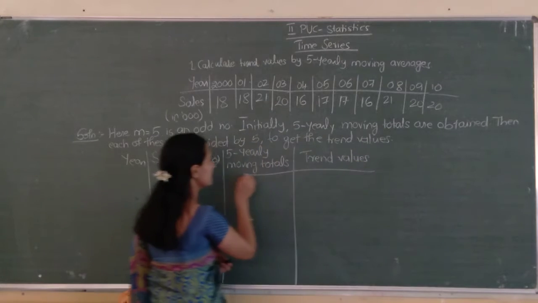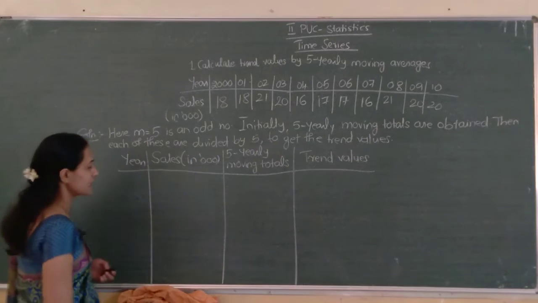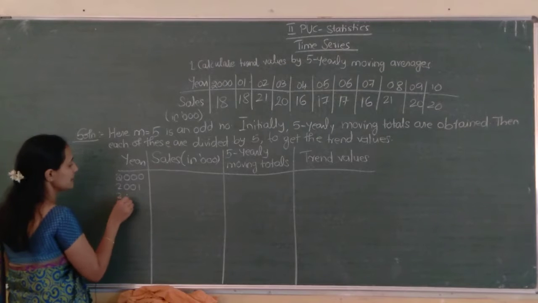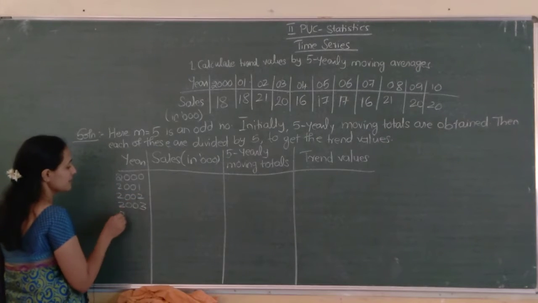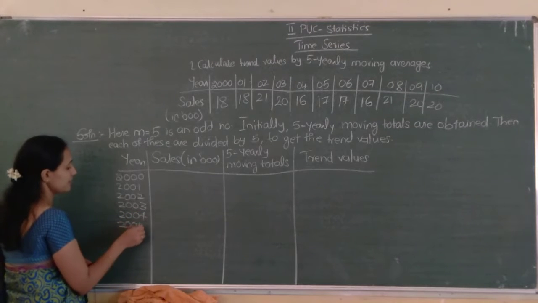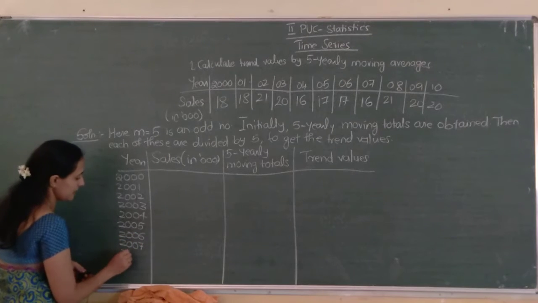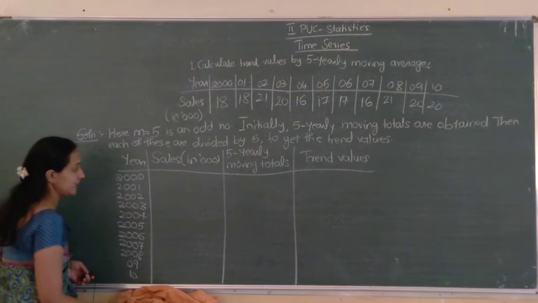Year starts from 2000, next 2001, 2002, 2003, 2004, 2005, 2006, 2007, 2008, 2009, 2010.